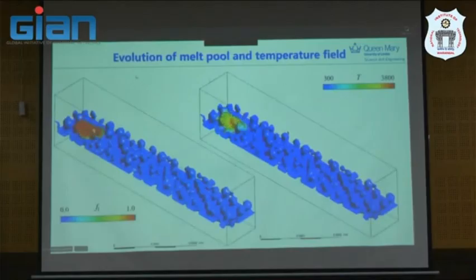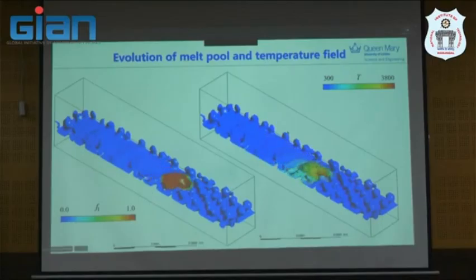Here is the result of evolution of the metal pool and the temperature field. We can use the cross section to describe the evolution later. This one is the volume fraction of liquid, and this is the temperature distribution.